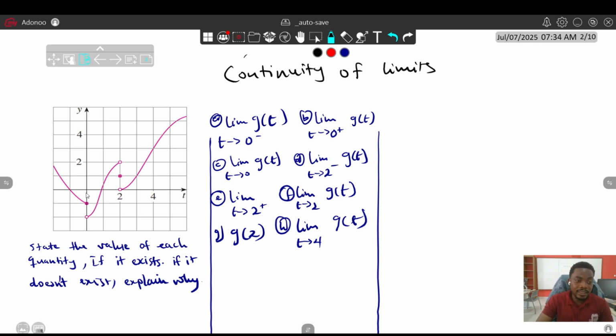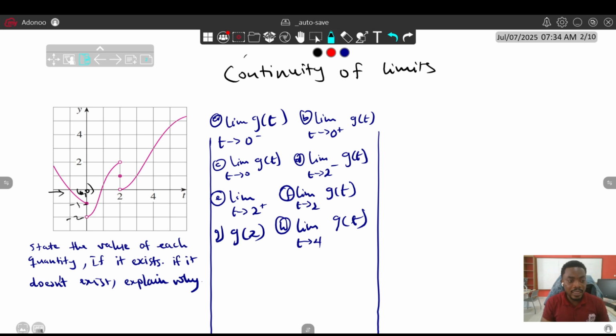So this is 0, right? At this point, we have 0, 0. So the point 0, right? As the point approaches 0 from the left, we have this curve, okay? So this curve goes down, and then here we have -1, -2.